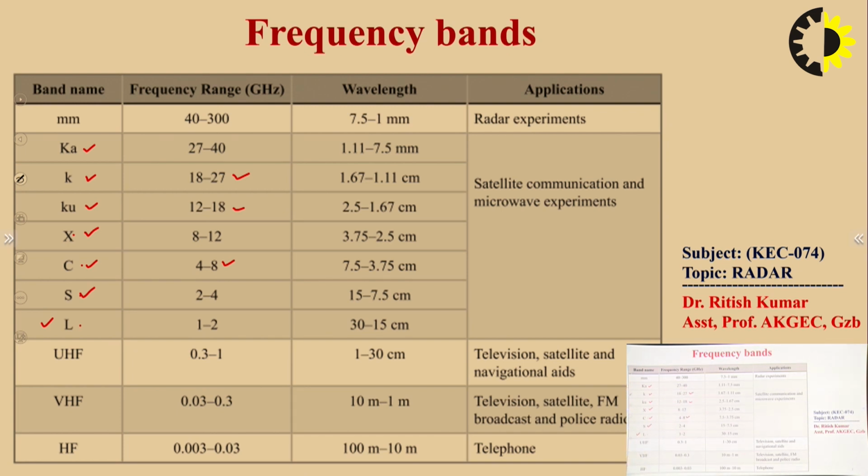You can clearly observe that these bands are mainly used in satellite communication and microwave experiments. In the lab you can have a microwave test bench setup within the range of 8 to 12 gigahertz, and this band is nothing but the X band.